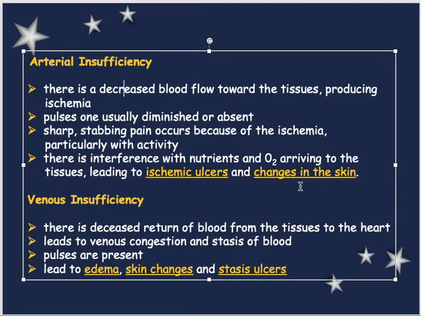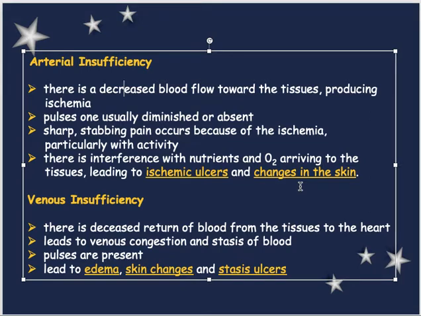Now, when the blood supply is completely cut off, the area can become necrosed, and necrosis means dead tissue, right? Whereas, on the other hand, in venous insufficiency, necrosis is not going to happen.